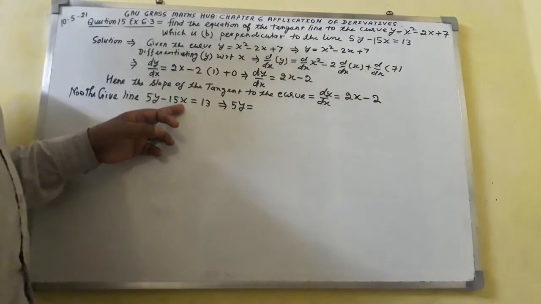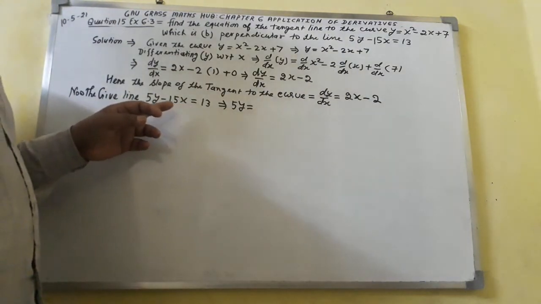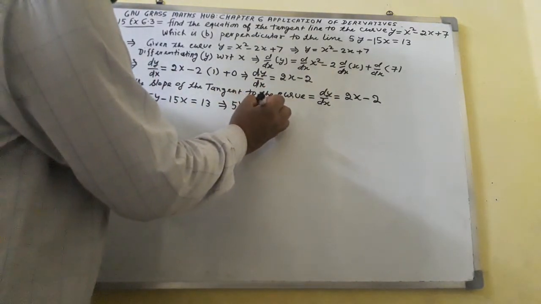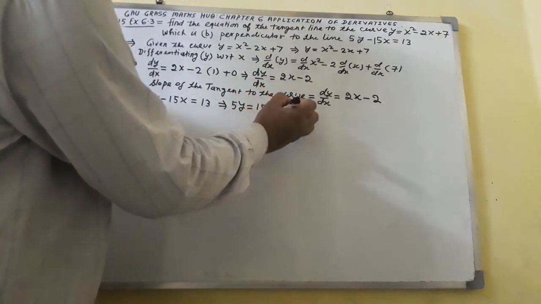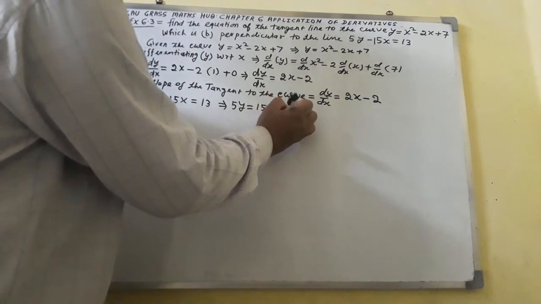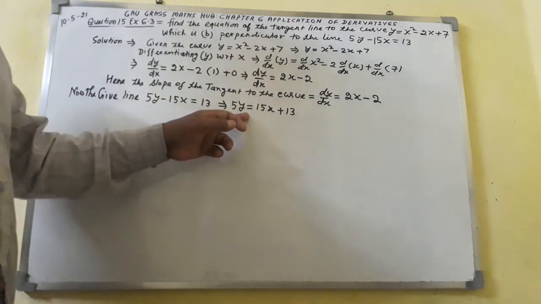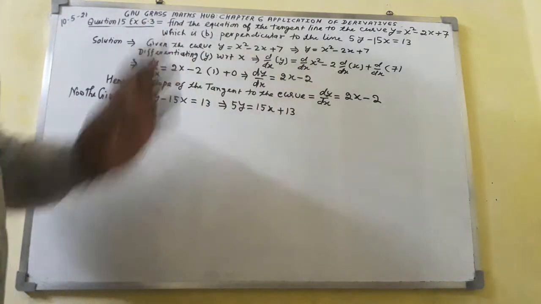Minus 15x is there on the left hand side, that will be moved to the right hand side, it comes out to be 15x plus 13. So we get 5y equal to 15x plus 13.